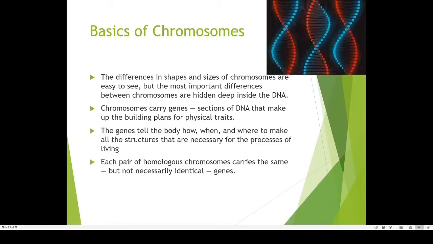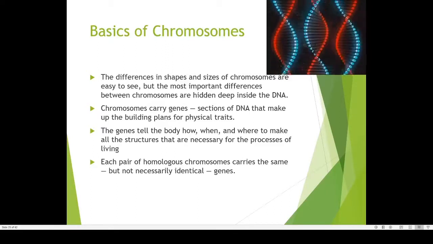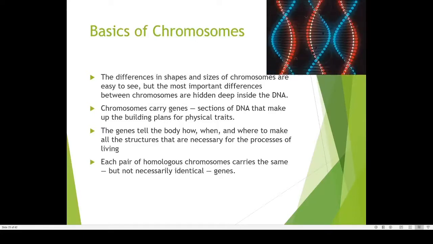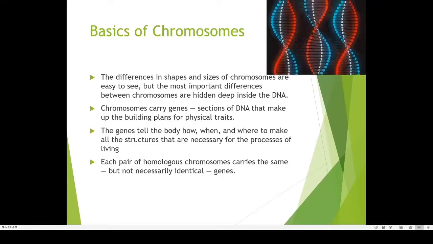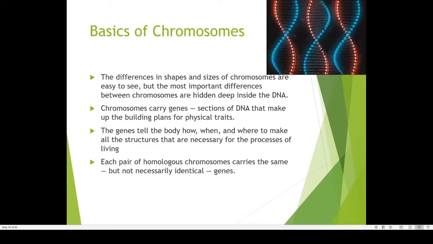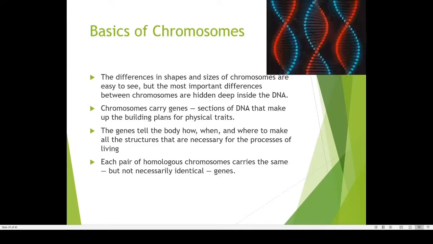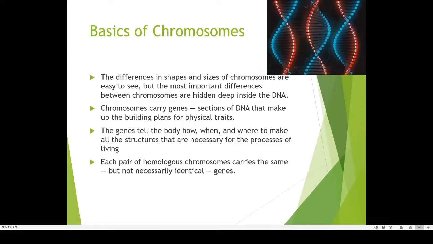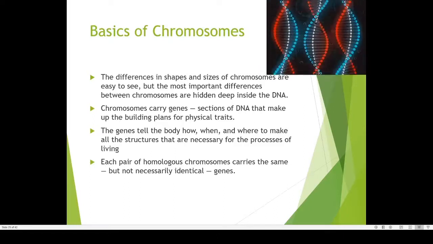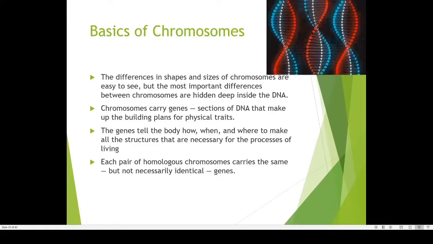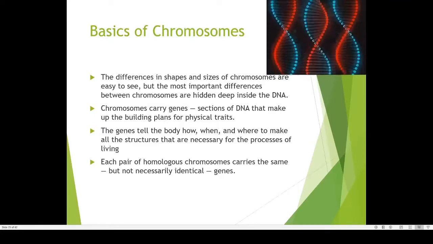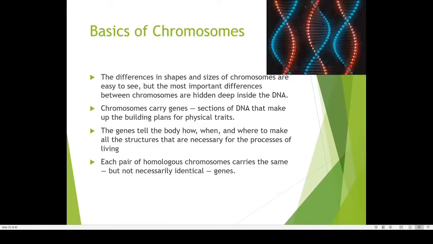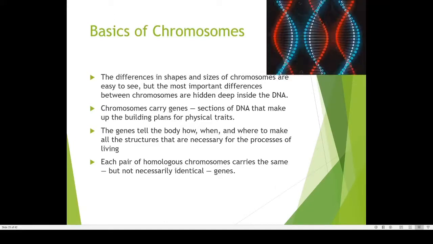The genes tell the body how, when, and where to make all the structures that are necessary for the processes of living. Each pair of homologous chromosomes carries the same but not necessarily identical genes.